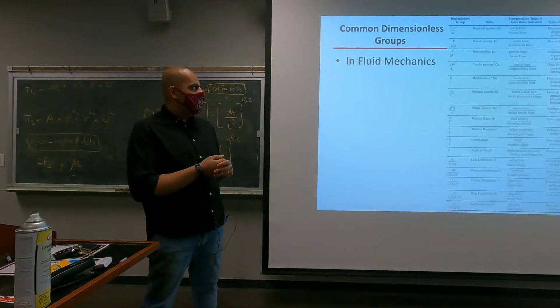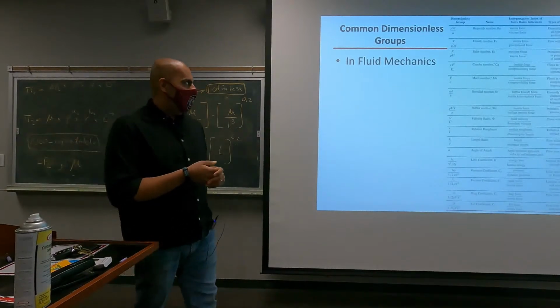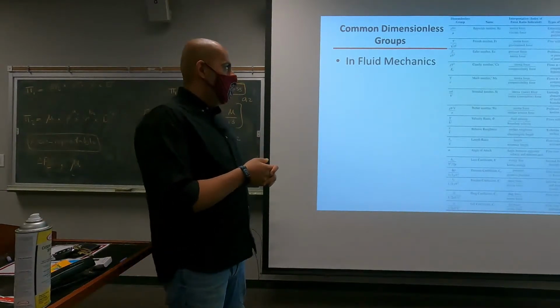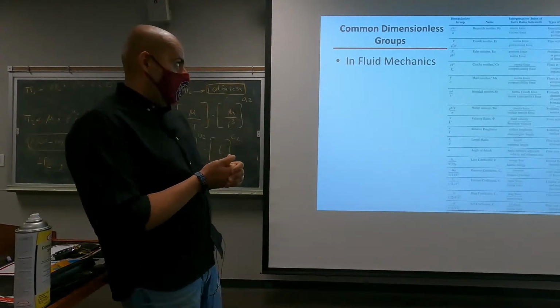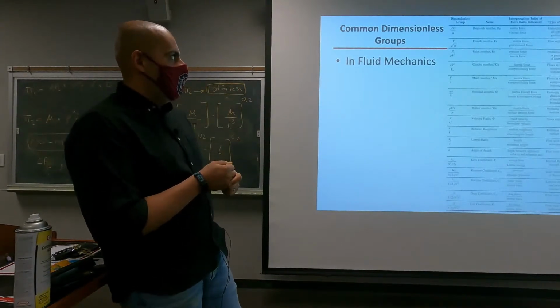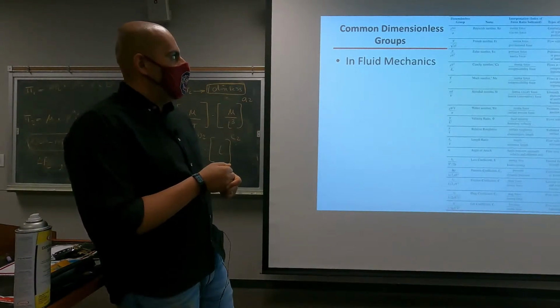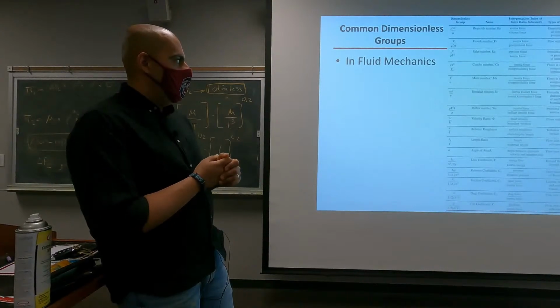Okay, and the other parameters, like we have the Froude number, which hopefully we're going to see more of later in this course. You have the Euler number, Cauchy number, Mach number, Strouhal number, Weber number, all of those things, right?